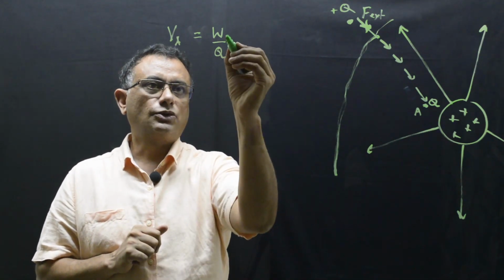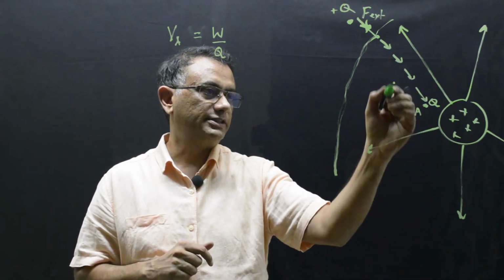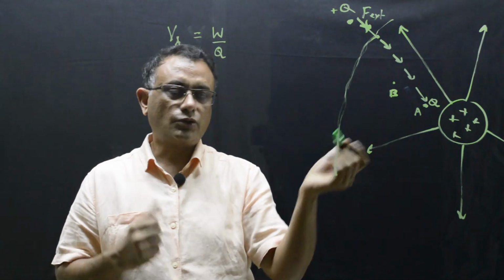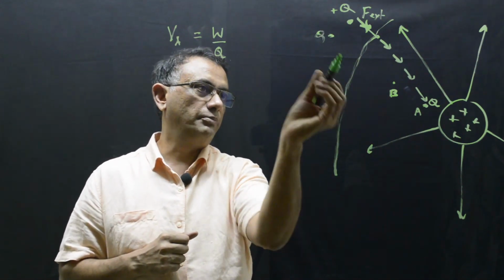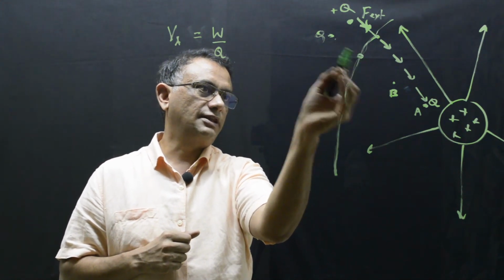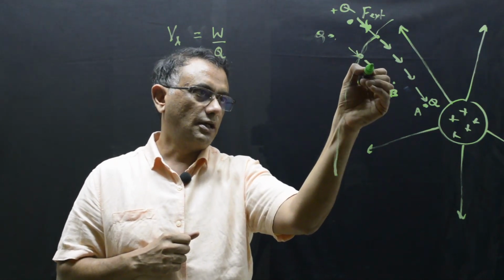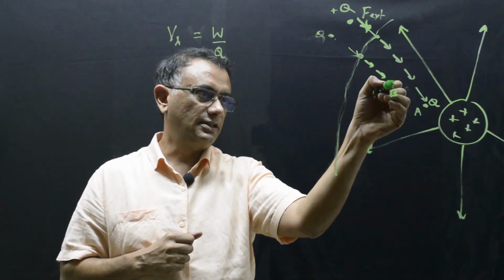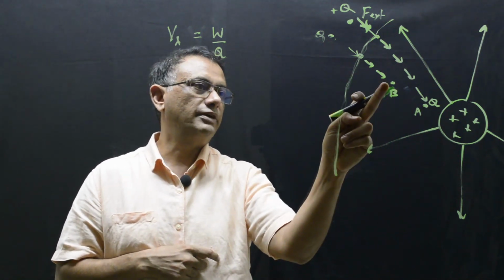Okay, so if we take another point here, let's say B, and we want to get a similar charge from outside the field to this point B, we see that once this charge enters, repulsive force is there, so you have to apply external force and get it here. But now we have done a lesser amount of work because this is a different point.